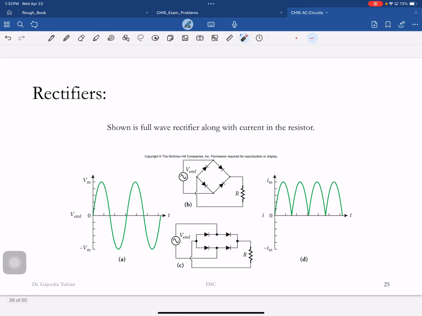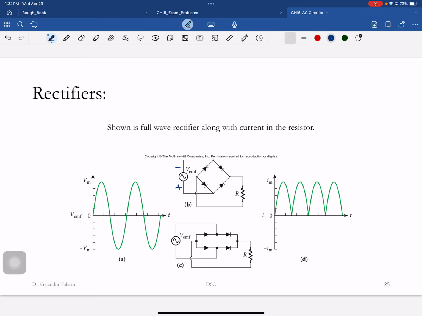So you're upset. Here's what you do. Buy 4 of these. When this end is positive, current will go through here, go through here. How about the other half of the cycle?